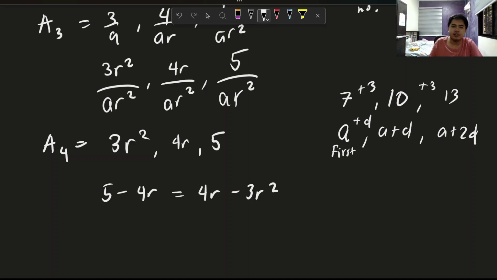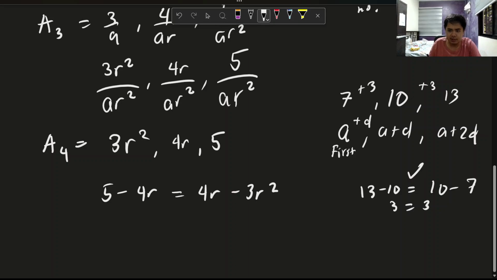Interesting thing to note here is that 10 minus 7 is 3, and 13 minus 10 is also 3. So 13 minus 10 equals 10 minus 7. 3 equals 3. This is the same. In short, a plus 2d minus a plus d equals a plus d minus a. If you do the math here, you get d equals d, which is the same.